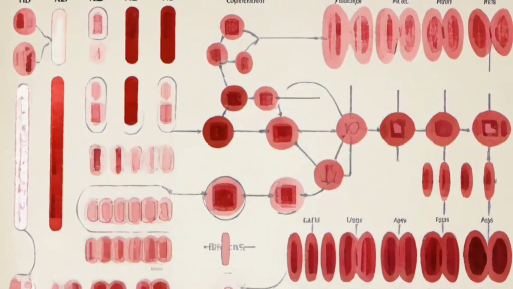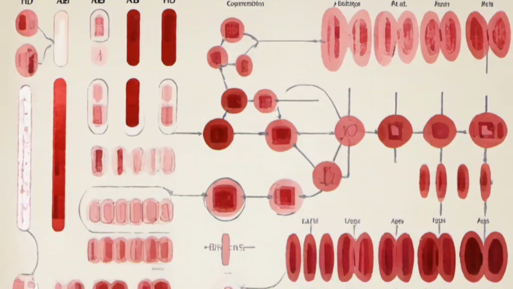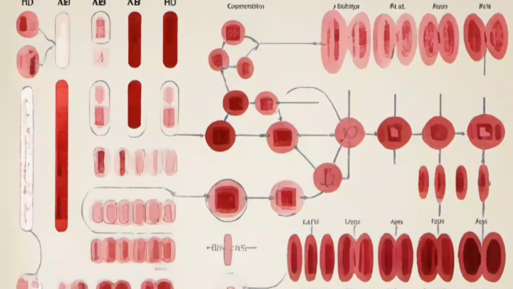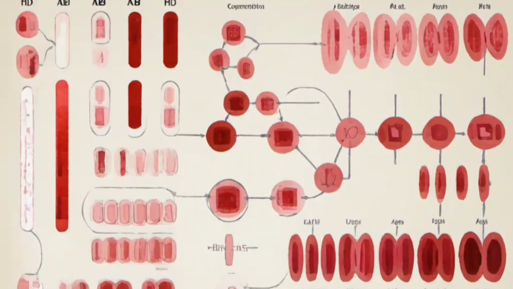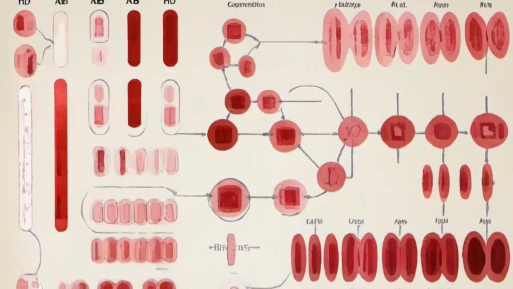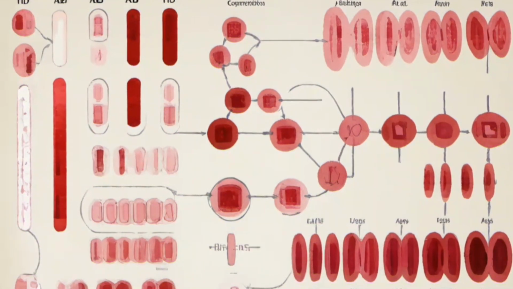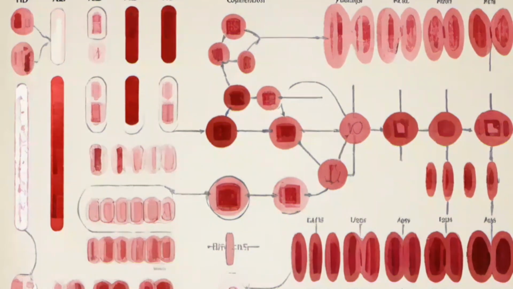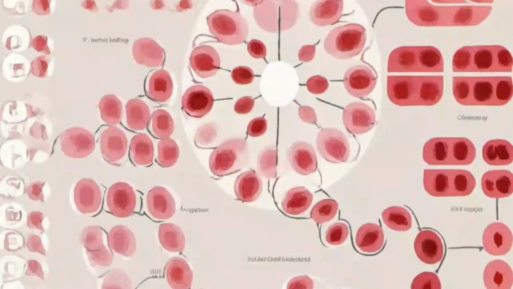Blood compatibility. Blood compatibility is determined primarily by the ABO and RHD blood group systems. The ABO system classifies blood into 4 major groups, A, B, AB, and O. The RHD system classifies blood as Rh positive or Rh negative. A compatible blood transfusion is crucial to avoid severe adverse reactions.